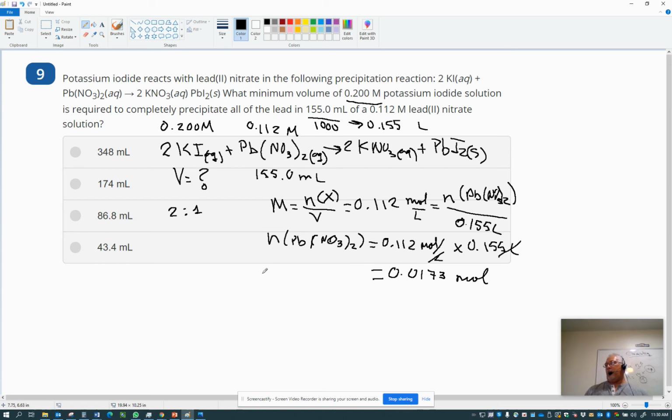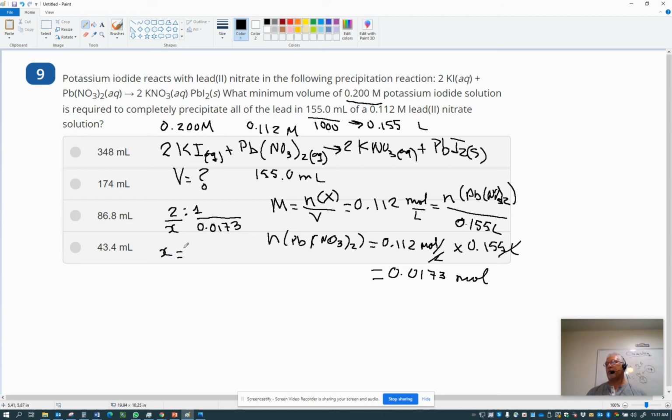Next, since I know this is the ratio, and I already know the mole of lead 2 nitrate on that equation, I need to place this number here, 0.0173, and find how many mole of potassium iodide I need.